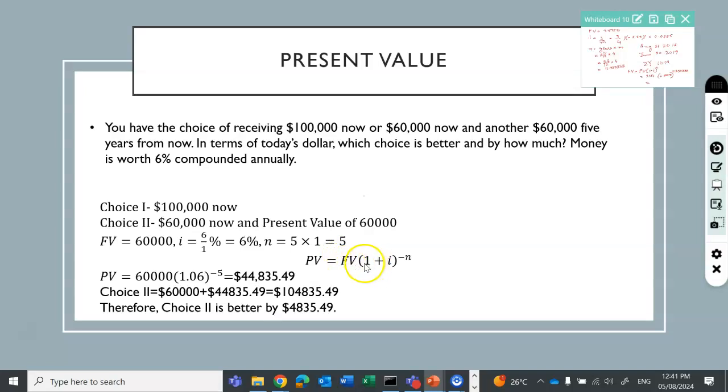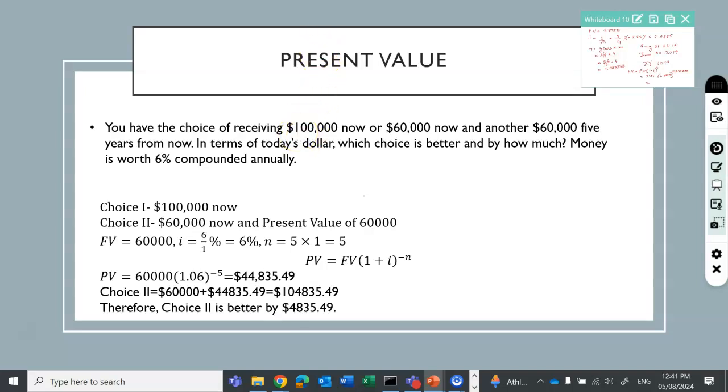So 60,000 times 1.06 exponent -5, you will get 44,835. So in the second option, the total he will receive is 60,000 plus 44,835. Together it is 104,835.